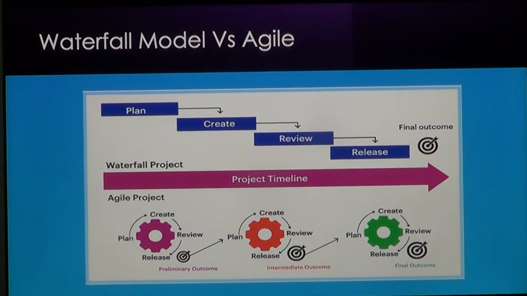Here in this slide, it is showing the waterfall model versus Agile. Agile and waterfall are two well-known project management methodologies. Both of them are popular in software development, but each is best suited for different types of projects.